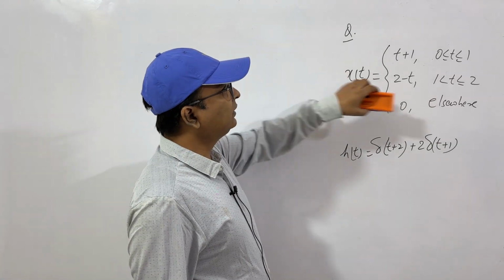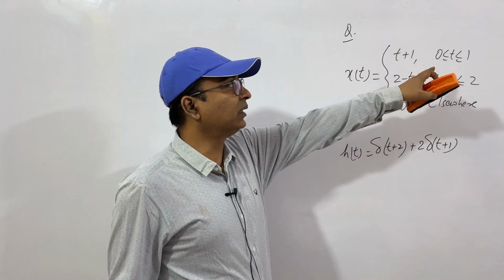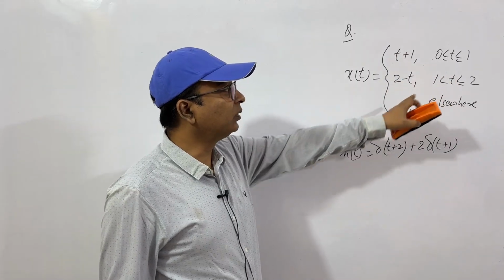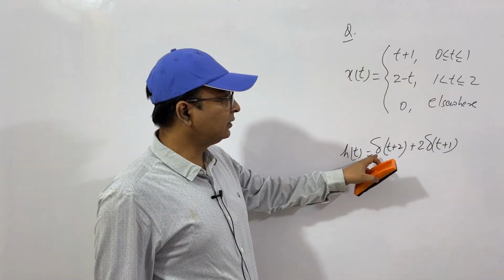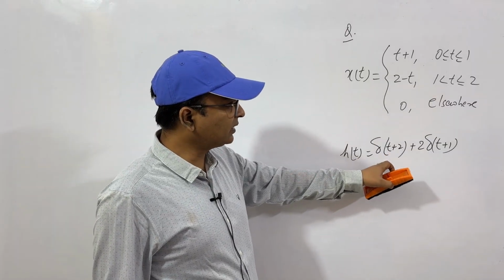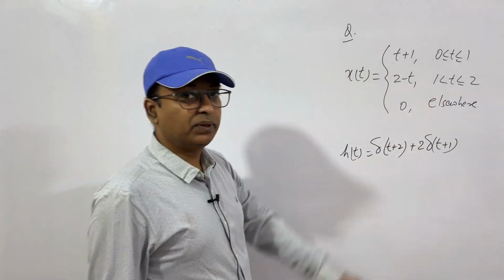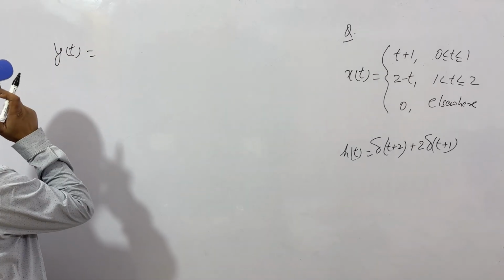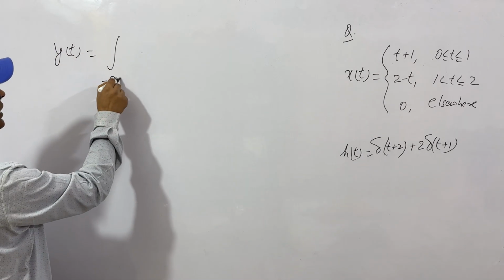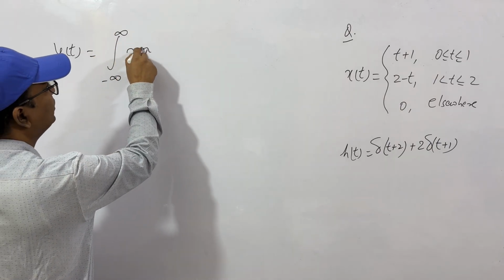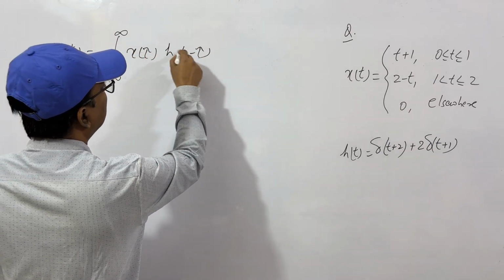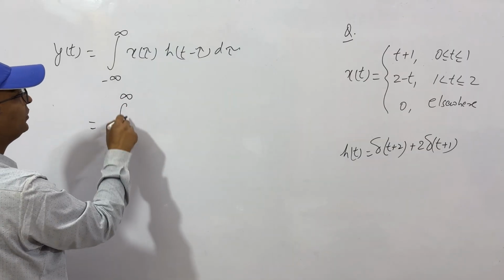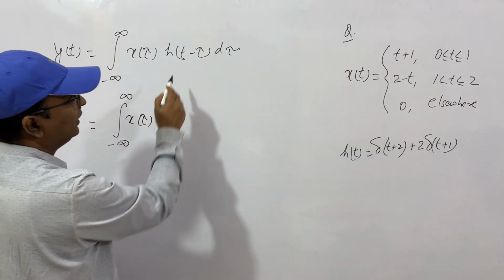This is our question. x(t) is t plus 1 when t is between 0 and 1, it is 2 minus t when t is between 1 and 2, and otherwise it is 0. And h(t) is a combination of two impulse functions, delta(t plus 2) plus 2 delta(t plus 1). So let's find the convolution. y(t) is equal to the integral from minus infinity to infinity of x(tau) h(t minus tau) d tau.